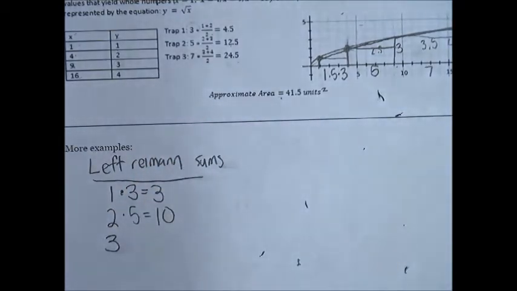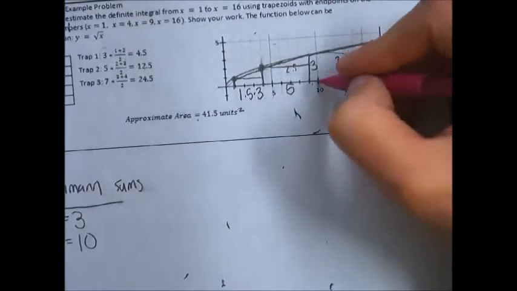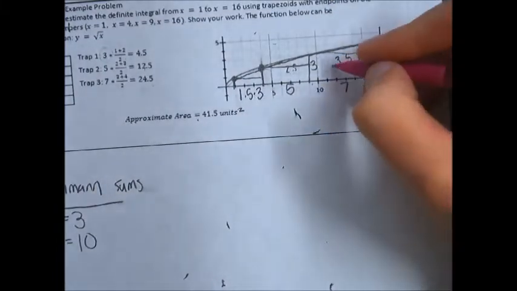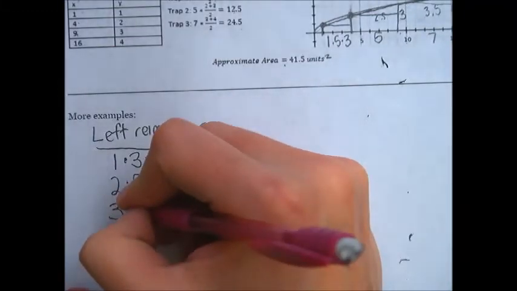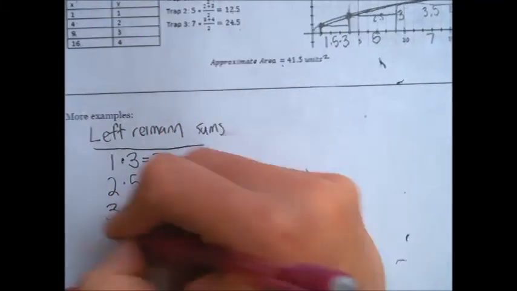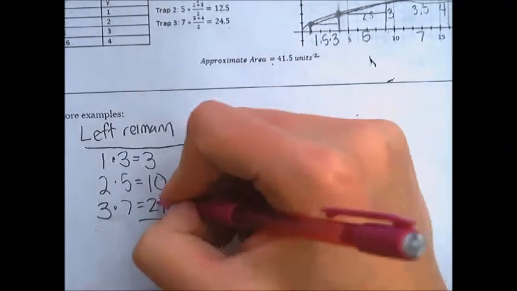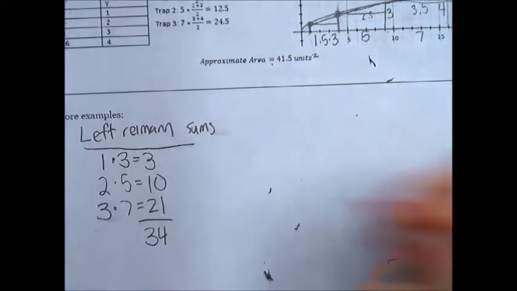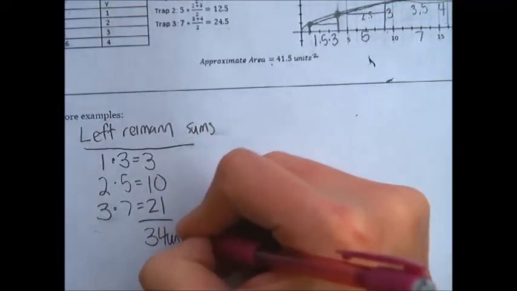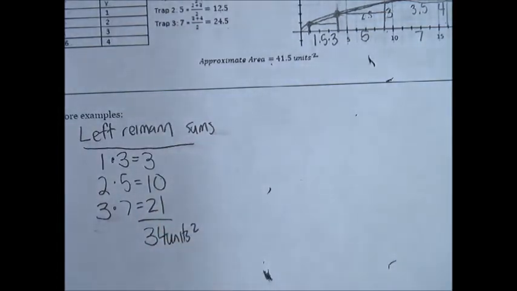And our third interval is this big one. It's 7 wide, and we're using the left value, which is 3, as our height, so 3 times 7 is 21. And so our approximation for this interval is 3 plus 10 is 13, plus 21 is 34 units squared, and so yeah, definitely an under approximation.